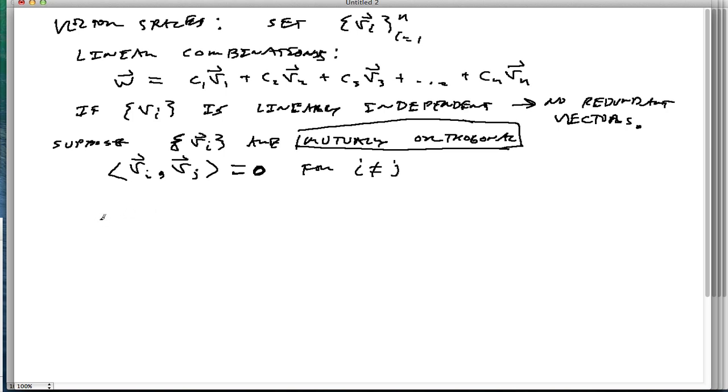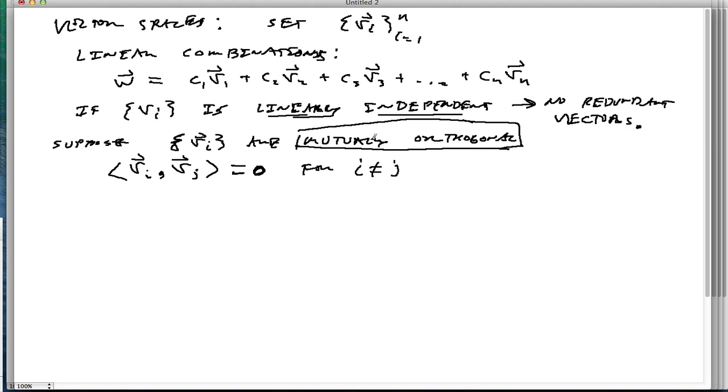This is a condition that's stronger than linear independence. It goes beyond just mere linear independence. Mutually orthogonal is a much stronger statement. If you have an orthogonal set, by definition it is linearly independent, plus it has more properties even than that.